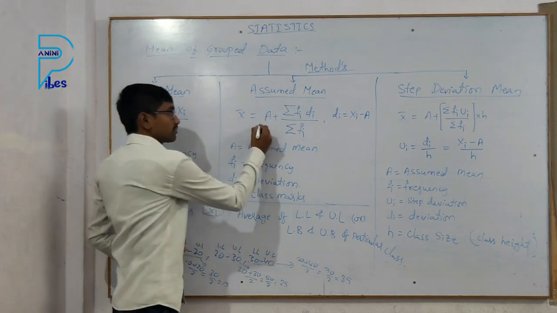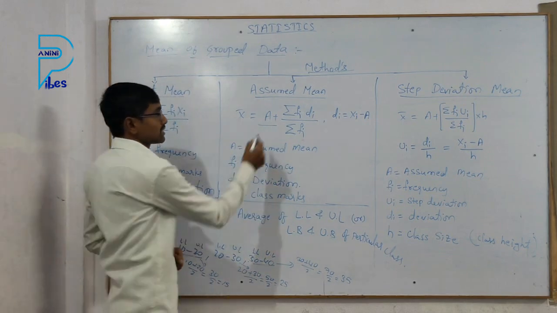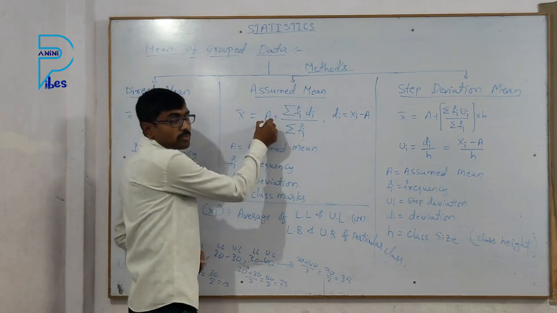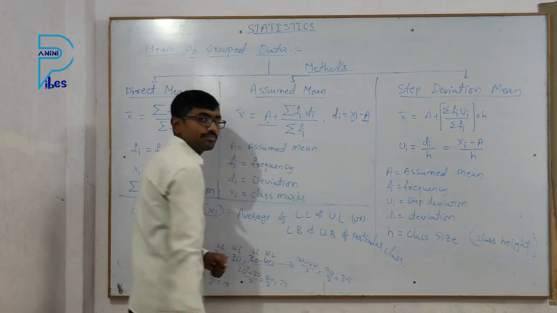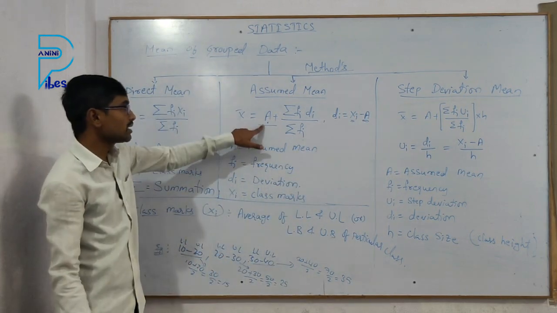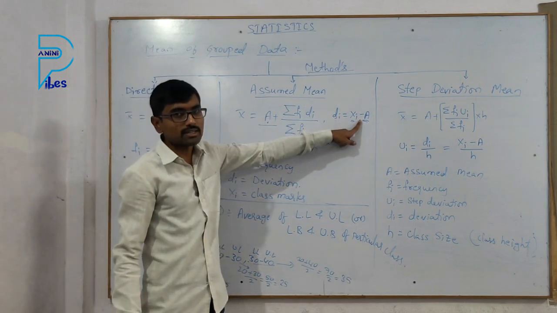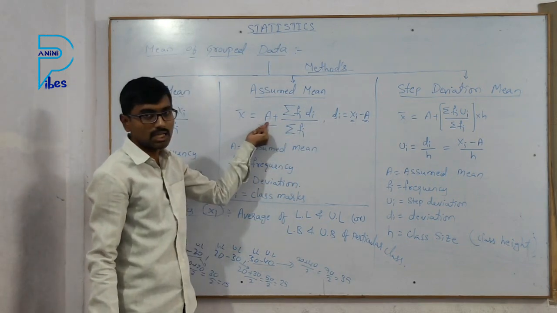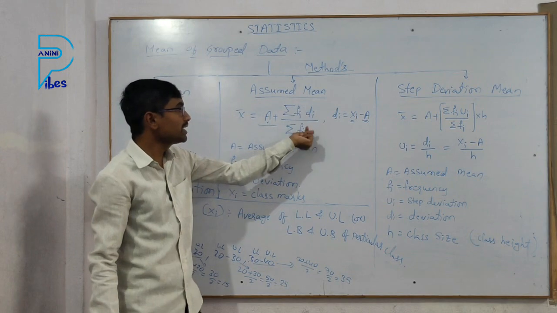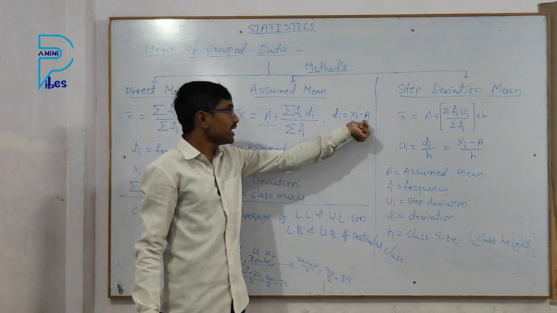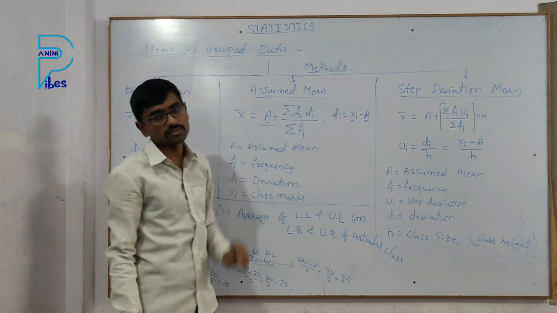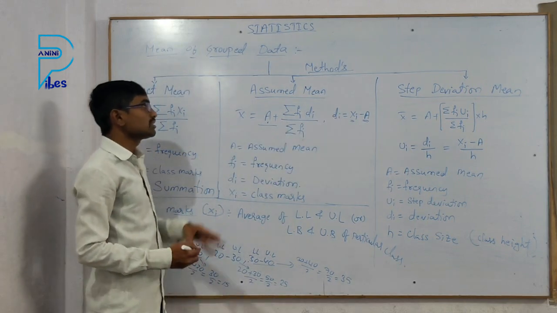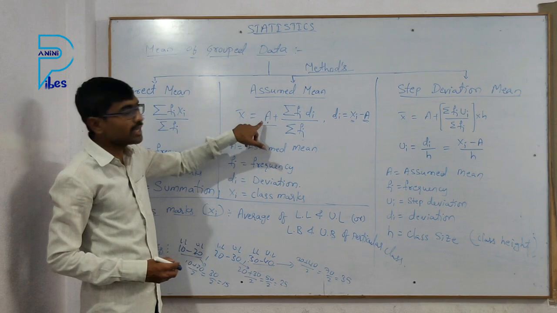So here an extra thing is being added. Here I have added a. As the assumed mean a is added in the summation, in the deviation a is removed from the class marks. Okay, adding and subtracting. Here I am adding a in the summation, and here I am removing a from the class marks to get the deviation. So this is the formula. Okay, what is assumed mean? A is assumed mean.